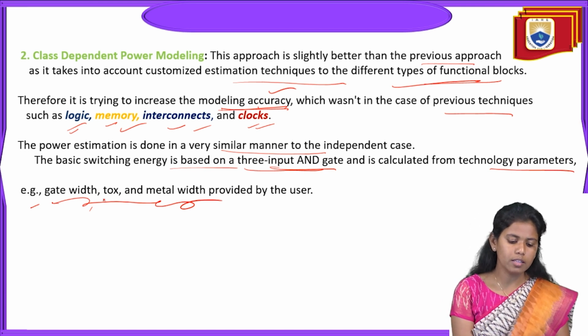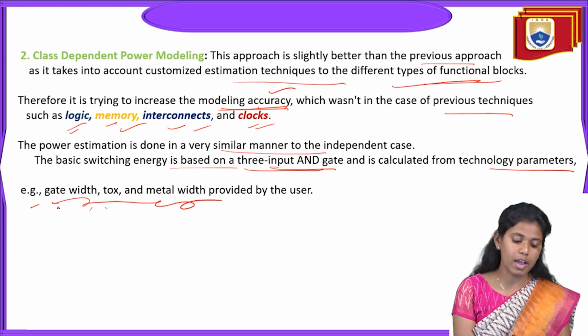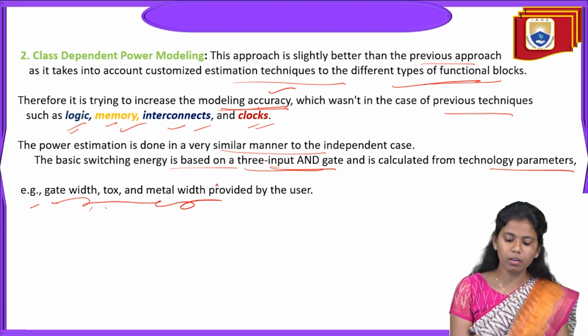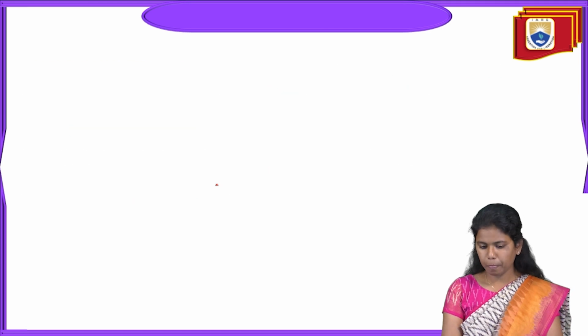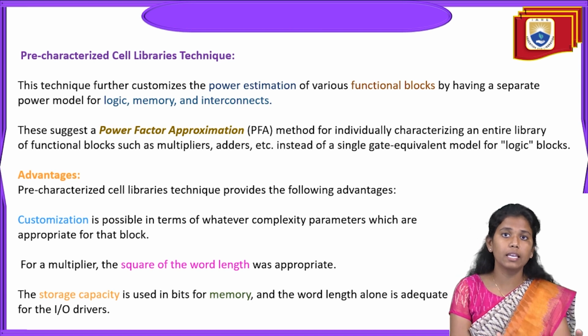These are the values or variables that we can obtain from the primitives. And then pre-characterized cell library techniques. What is this pre-characterized cell library technique? We can understand from the heading itself.